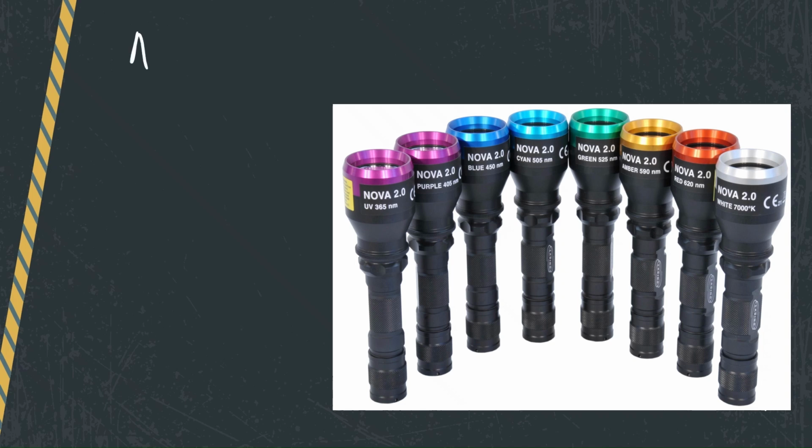Then we will be talking about the alternate light sources, which we also call ALS. These are basically a set of specialized lamps that emit light at specific wavelengths, and each color targets different types of evidence.